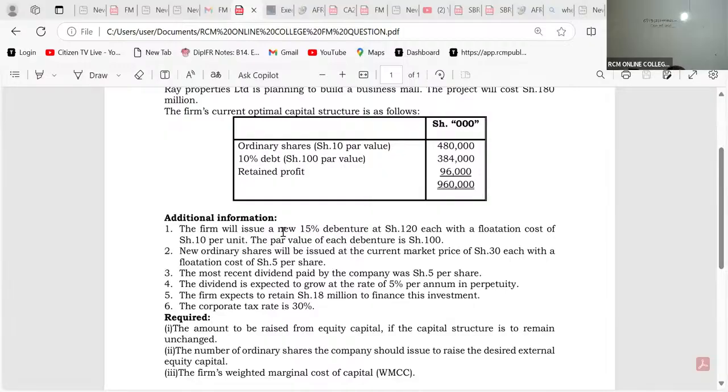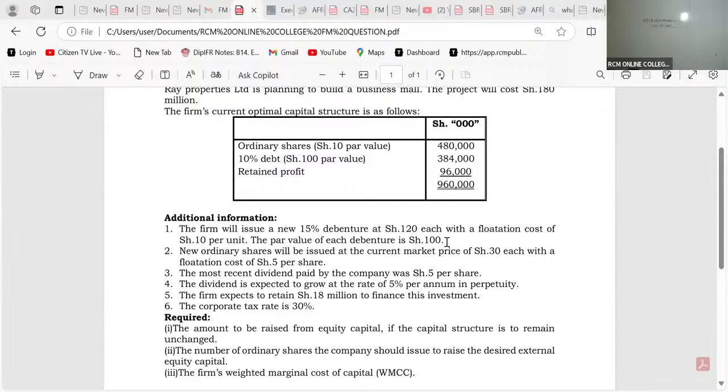The firm will issue a new 15% debenture at 120 each, with a flotation cost of shillings 10 per unit. The par value of each debenture is shillings 100. So what type of a debt is this?